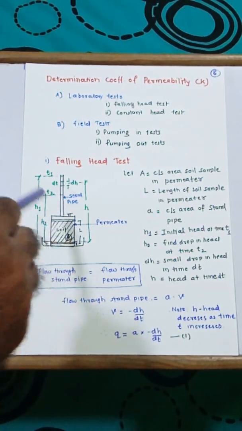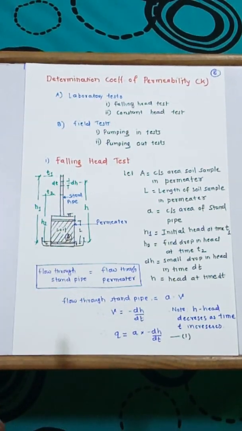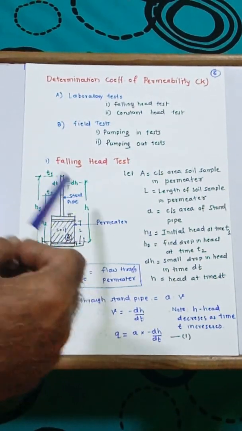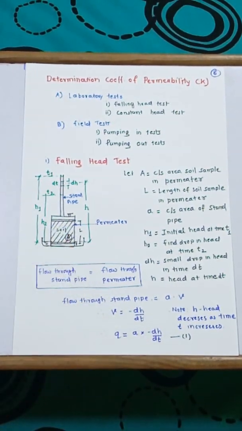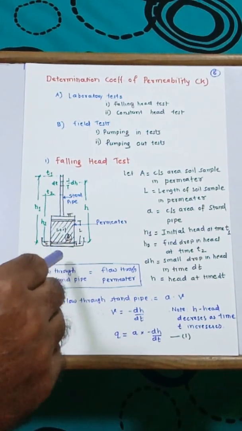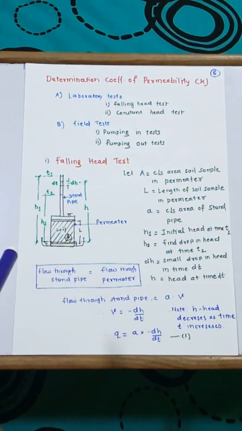It depends upon the gamma value and the moisture content. If the data is not available, then many times we fill this permeameter mold with maximum dry density and optimum moisture content, because the permeability very much depends upon the void ratio.